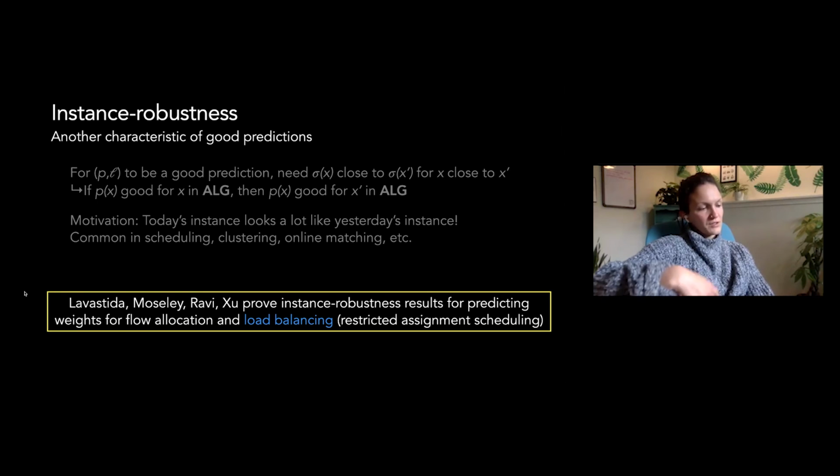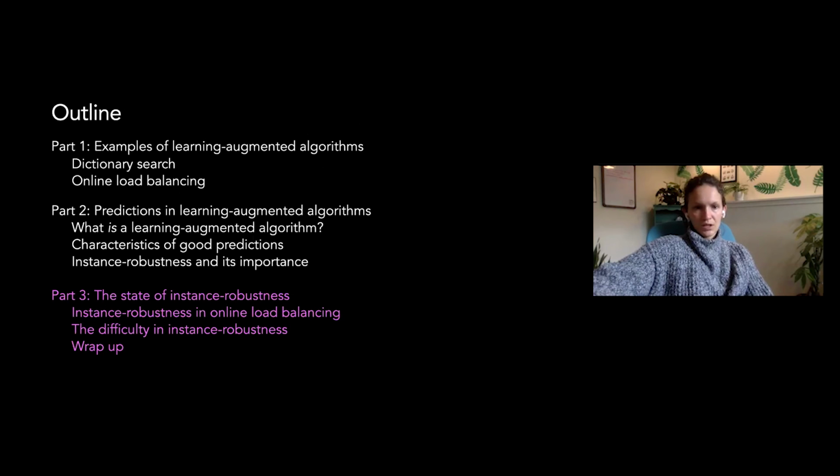I want to show you an instance robustness result, and explain why it has some very interesting properties, and I'm interested in studying it further. So for the last part of the talk, we'll talk about instance robustness for 10-ish minutes, and then I'll wrap up, and then we'll call it.